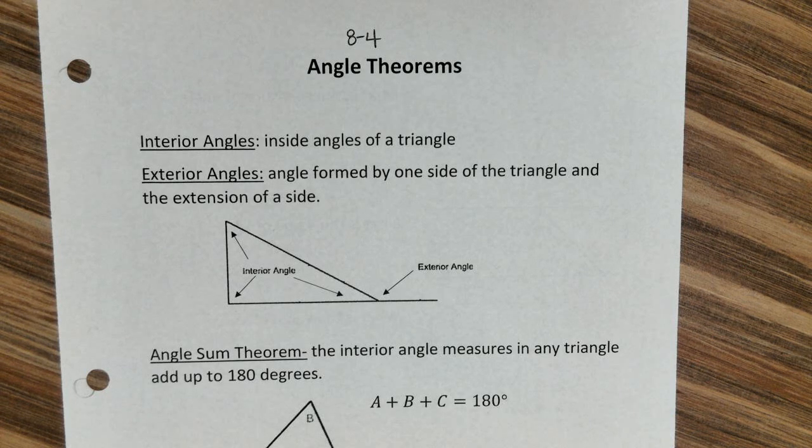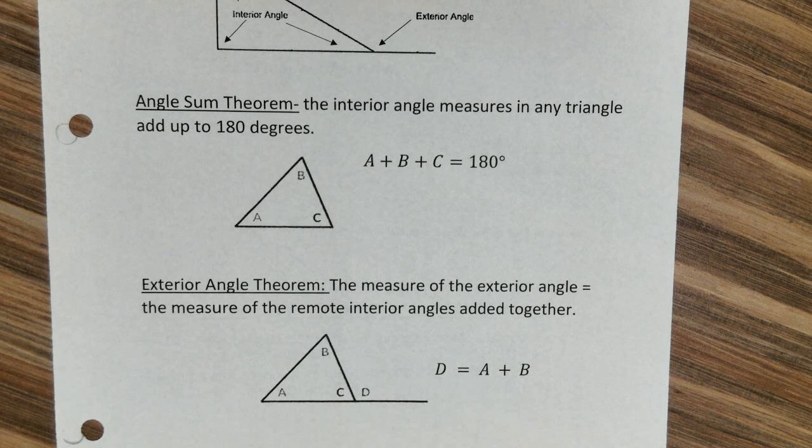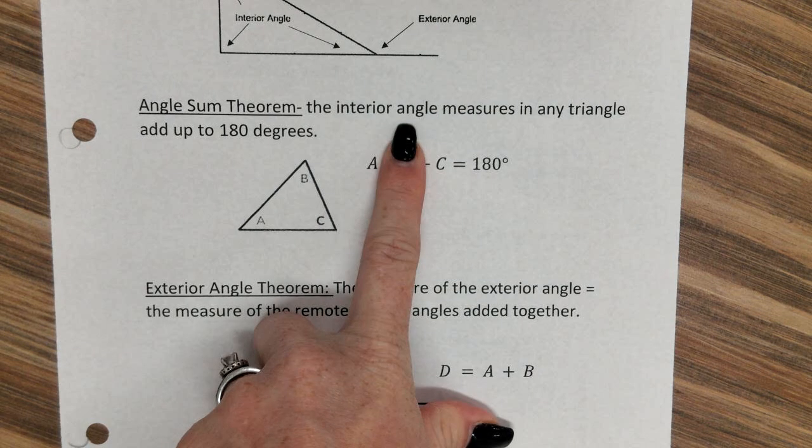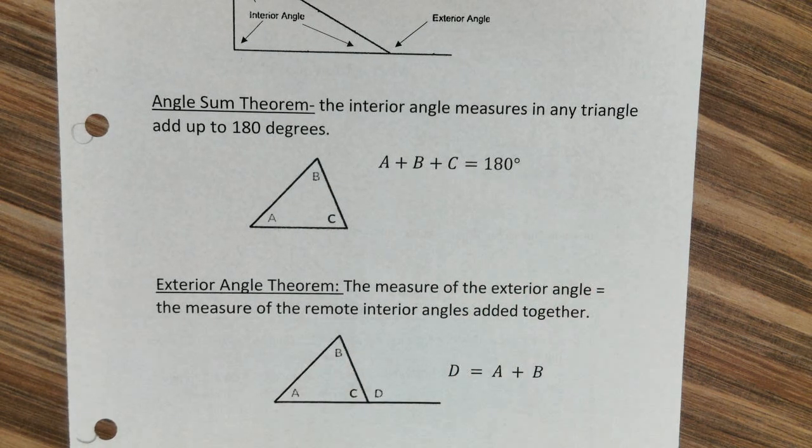Now, this is the angle sum theorem. I think you learned this in 7th grade, but if you didn't, it's super easy. It basically says the interior angle measure, so all 3 inside angles, will always add up to what? 180 degrees. Everybody needs to pay attention. This is super, super easy. Does everybody remember that a straight line has a measure of 180 degrees?